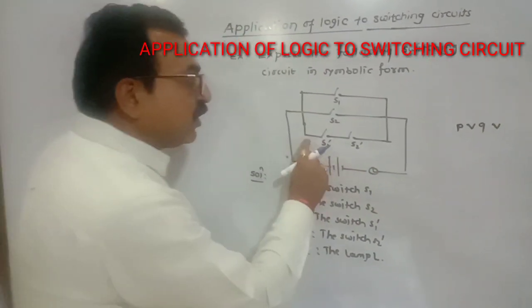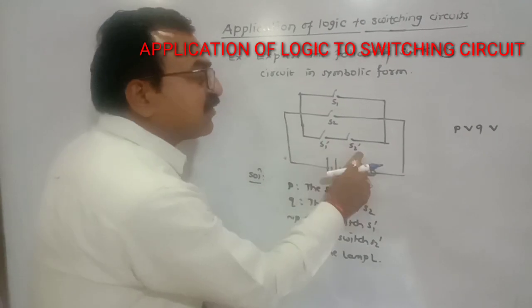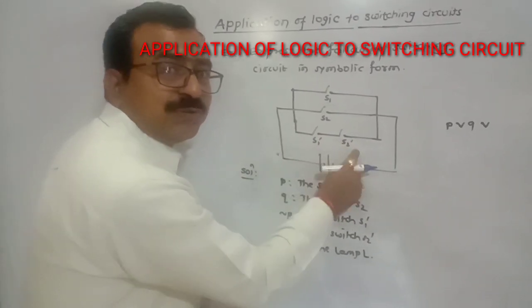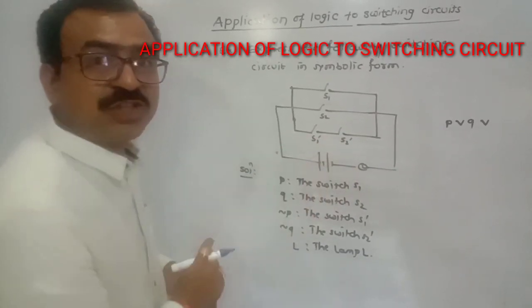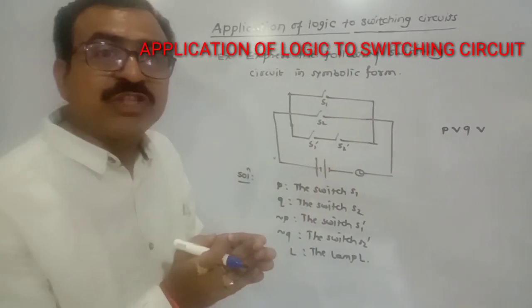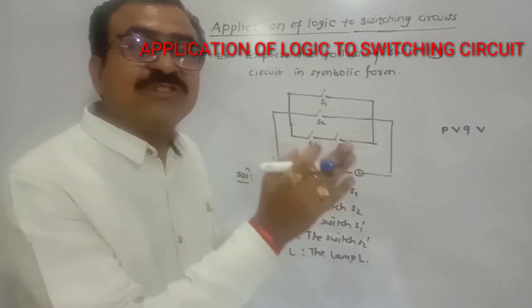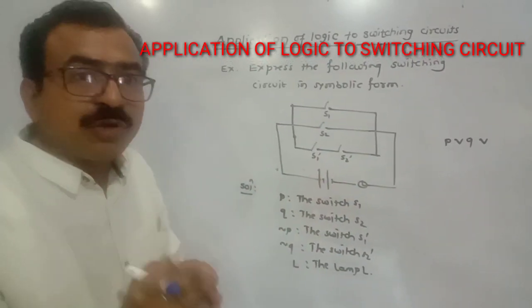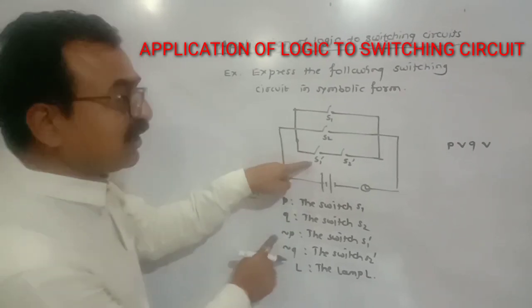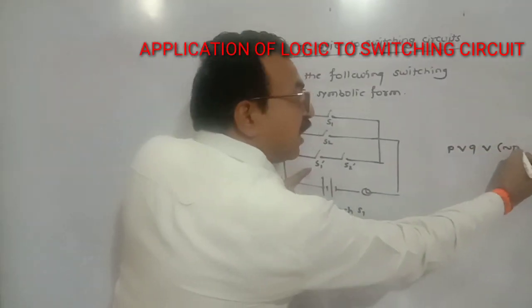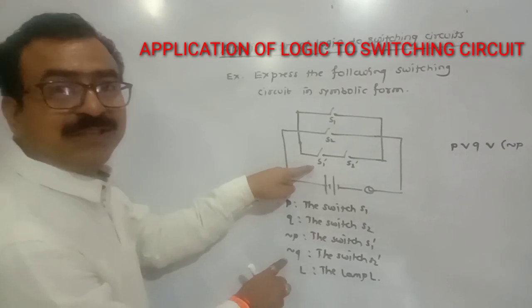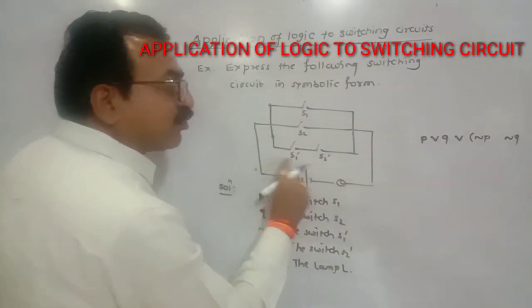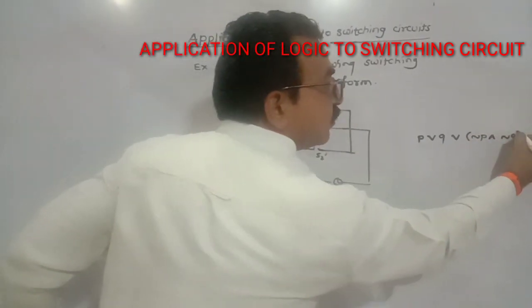Now in the third line, two switches are given, that is S1 dash and S2 dash, but these two switches are present in series combination, and if switches are present in series combination, then use AND. Understood? So friend, S1 dash is represented by negation P, and S2 dash is represented by negation Q, but they are present in series combination, so use AND.